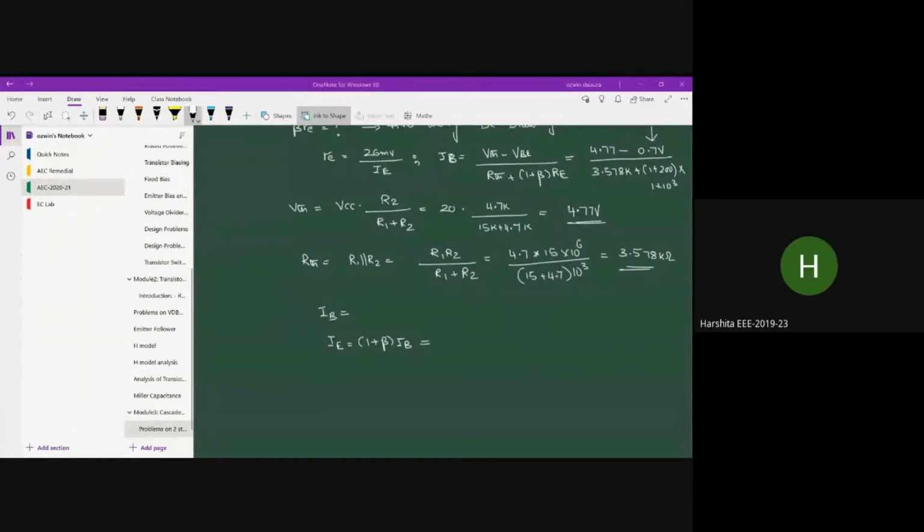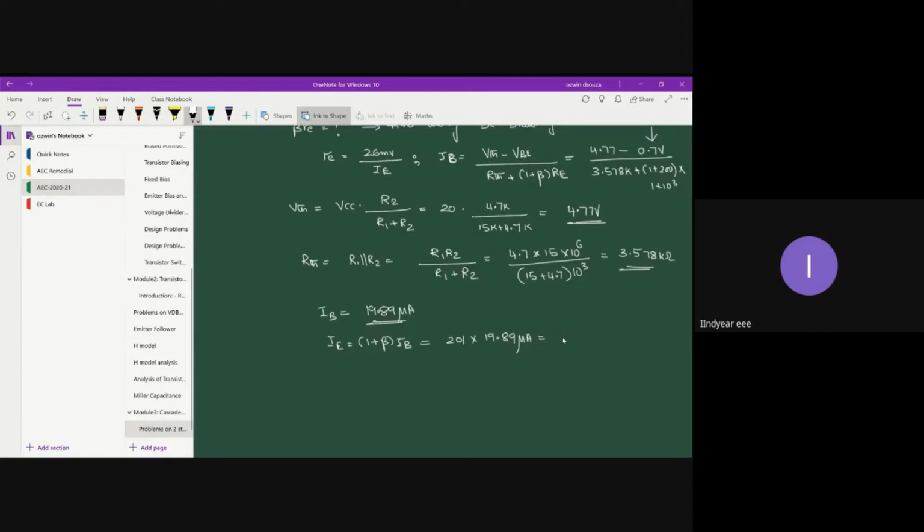19.8 microamperes. Right, 19.89 microamperes. That's correct. So IB is 19.89 microamperes. IE is going to be 201 times 19.89 microamperes.